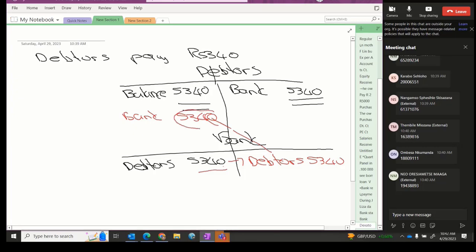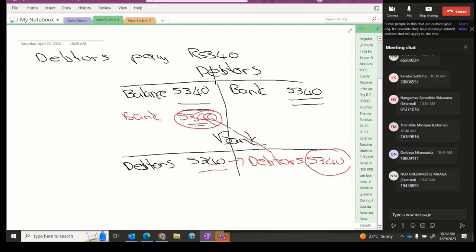And then it still shows here now that there's a balance for debtors. Do you understand? I didn't catch your name when you asked. Yes, I do understand, ma'am. So you understand now that this was the transaction before, but the one in red is what you should do now. So your bank account must now be a credit.